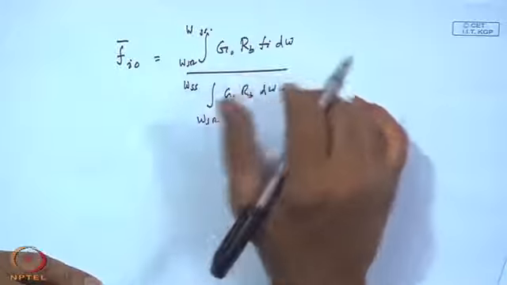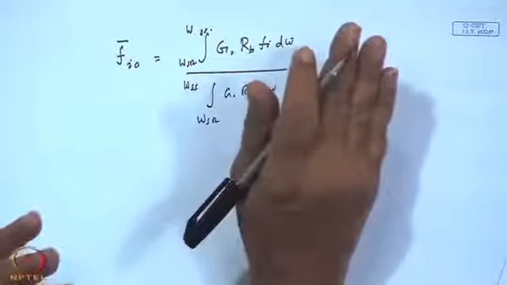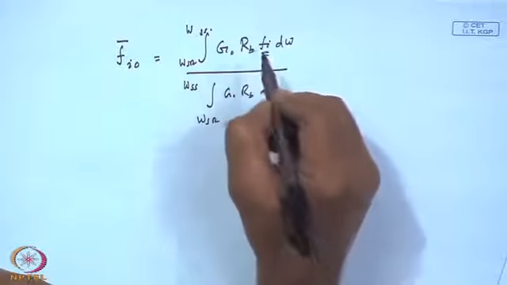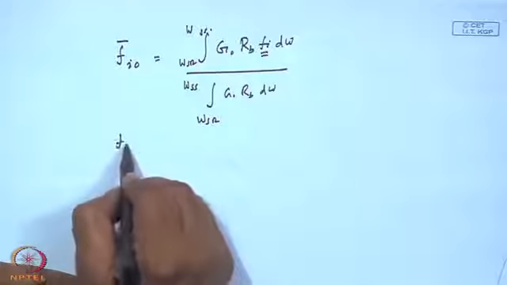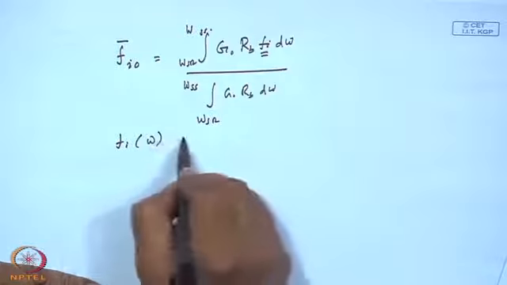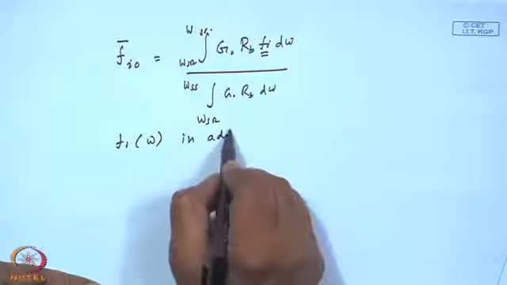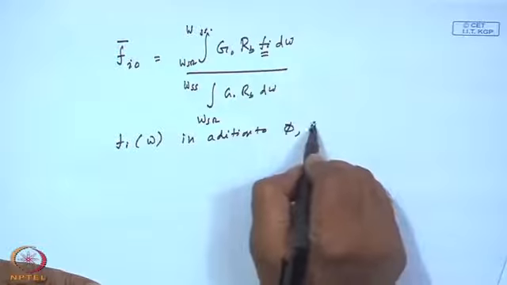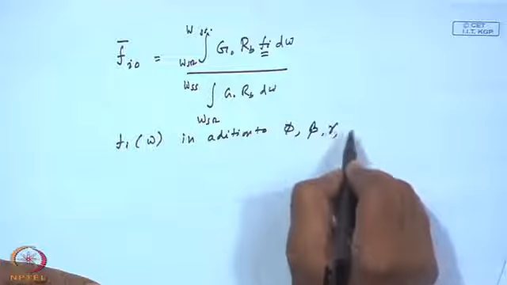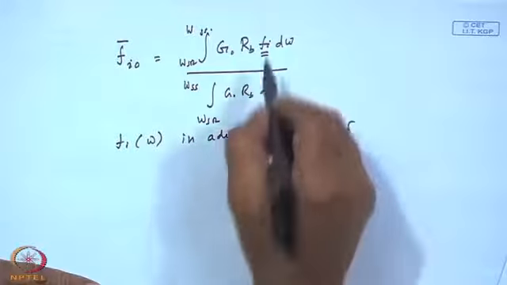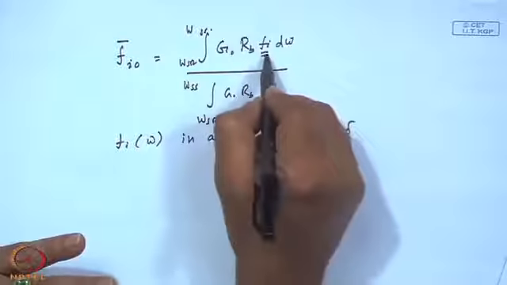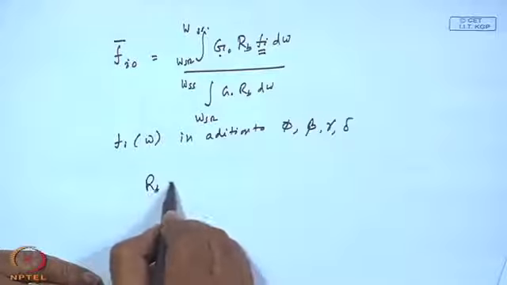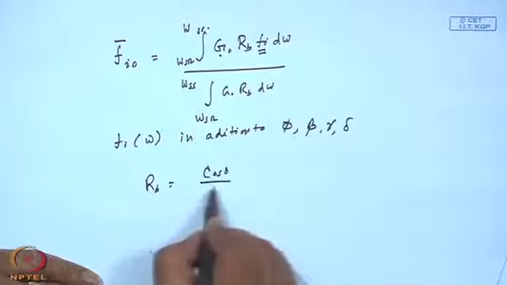So, the total radiation that will be falling on the collector surface if there is a shade with a shading factor of Fi, compared to that if there is no shade, and this Fi is a function of omega in addition to, of course, phi, beta, gamma, delta. So, it is a function of time, and if I can have an algorithm for Fi, G0 is analytical, Rb is your original cos theta by cos theta z.